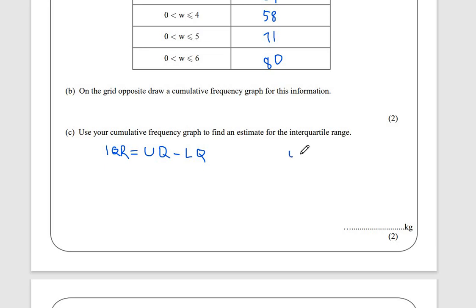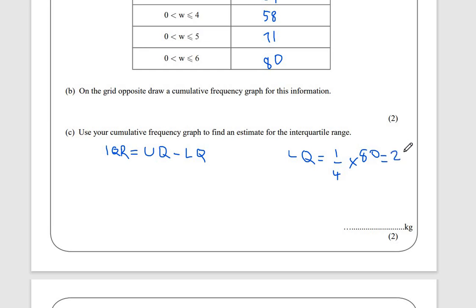Well, the lower quartile is at 1/4 of your total frequency. So the total is 80. So the lower quartile is a quarter or 1/4 or 25% of your total frequency, whichever way you can remember.